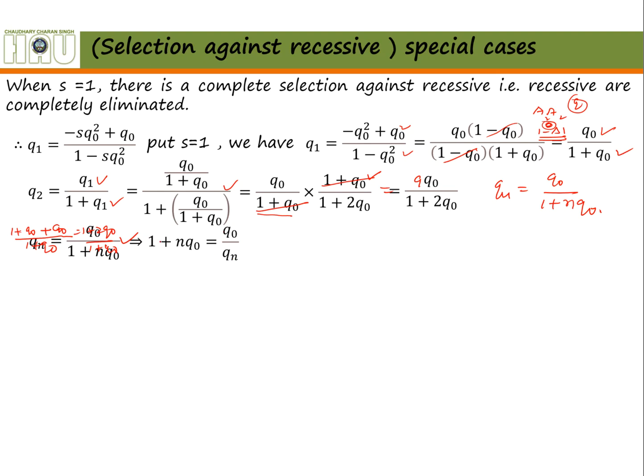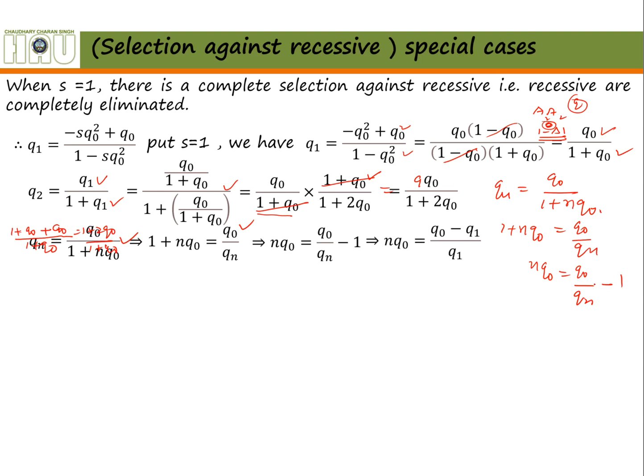And from here, if you cross multiply this expression, it means 1 plus nq0 is equal to q0 upon qn. So I will get this expression. And now nq0 can be written, if I transpose 1 to this side, so nq0 will be equal to q0 upon qn minus 1.